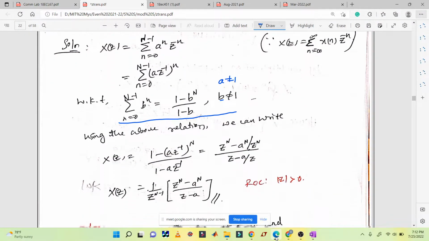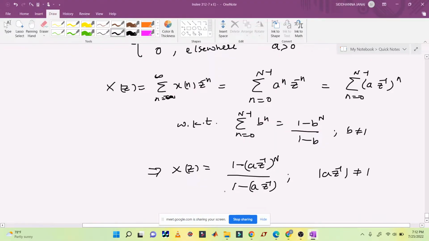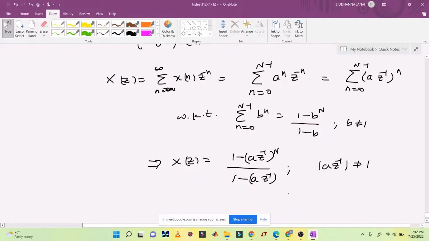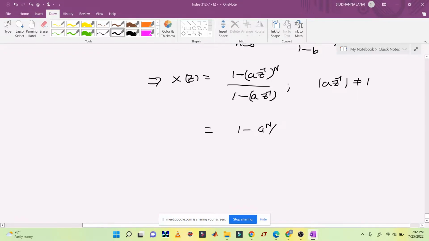Using this relation, if we simplify this, what we get is 1 minus a to the power N divided by z to the power capital N, over 1 minus a by z.